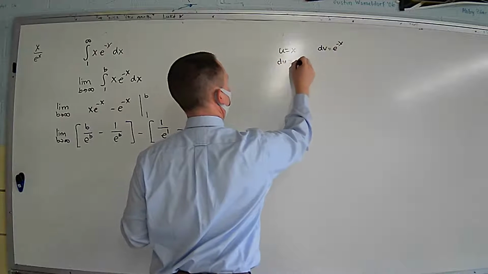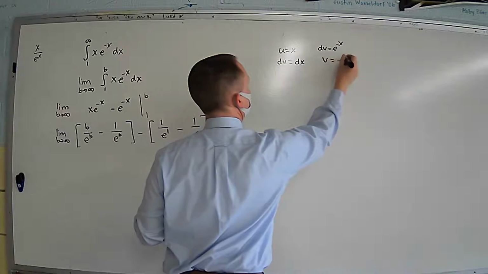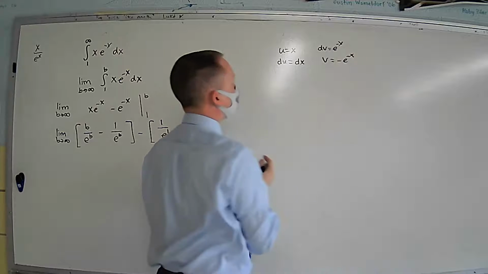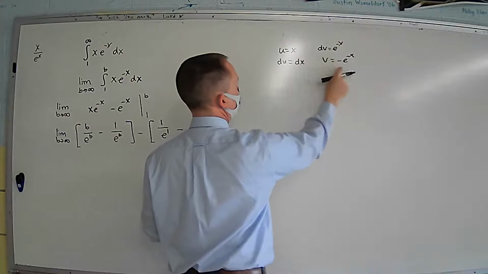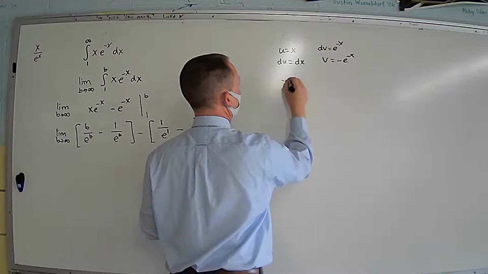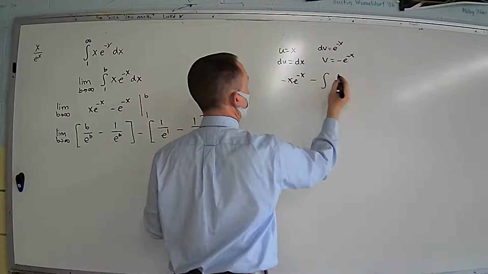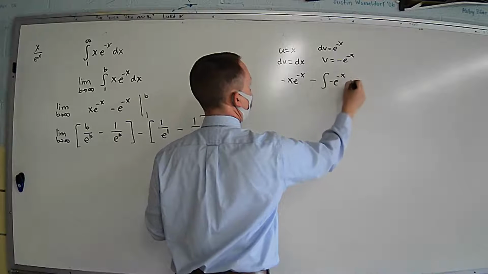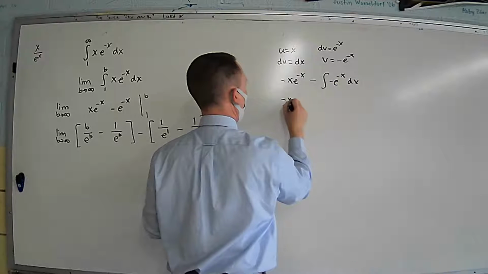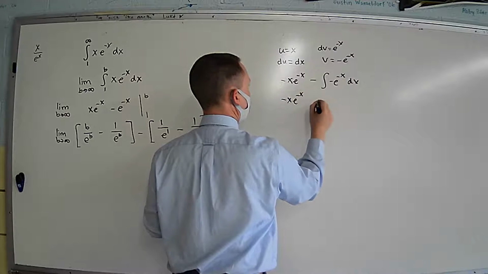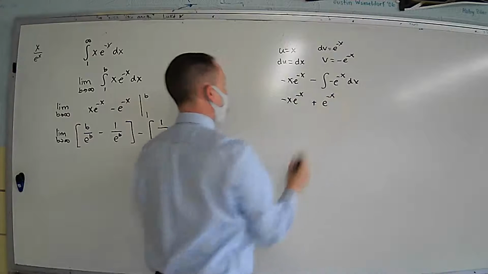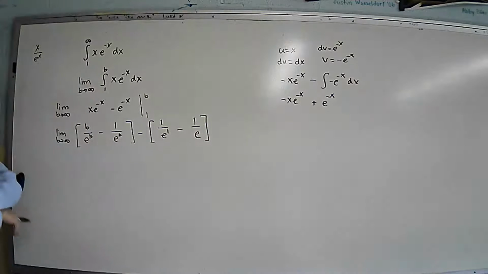I was doing that in my head and I might have gotten it wrong. So it's u times v, negative x e to the negative x minus the integral of v du. So I did have that wrong, didn't I?